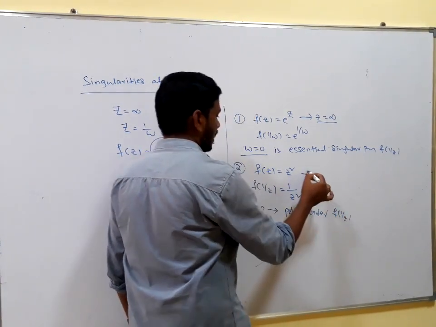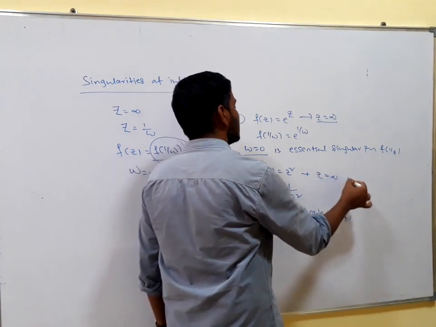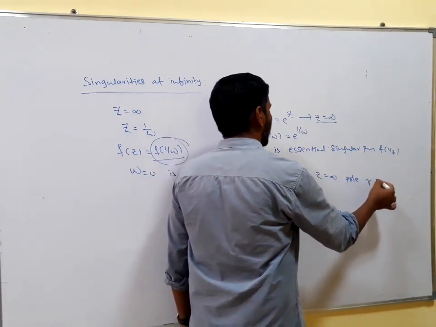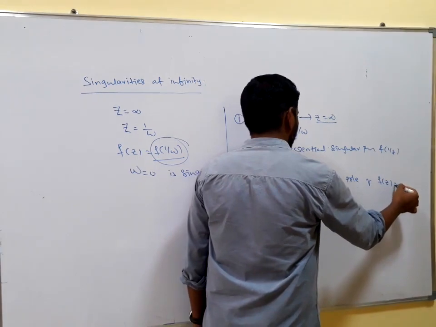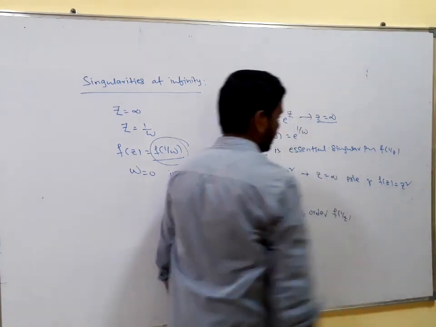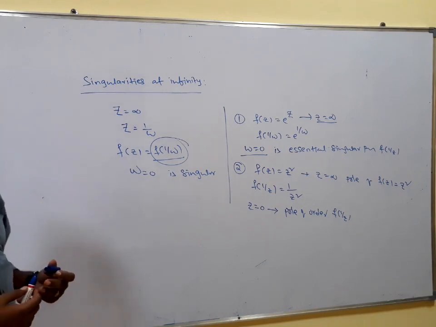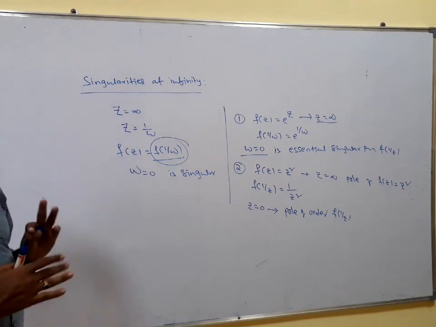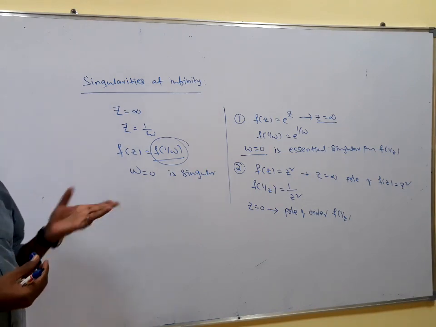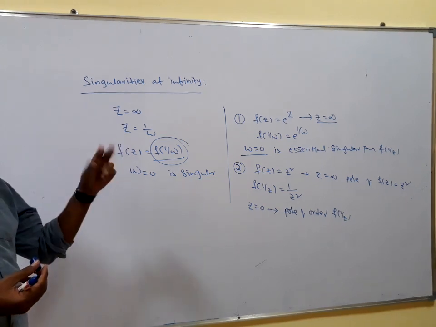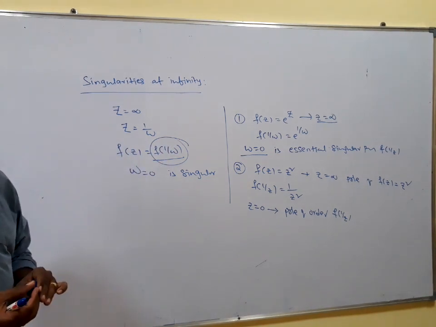In the same way, z equals infinity is the pole of order 2 for f of z equals z square, right? To check the singularity at z equals infinity, it is the same as f of 1 by z having singularity at z equals 0, right?